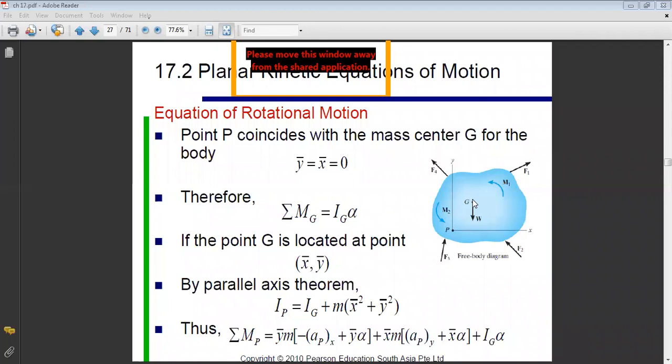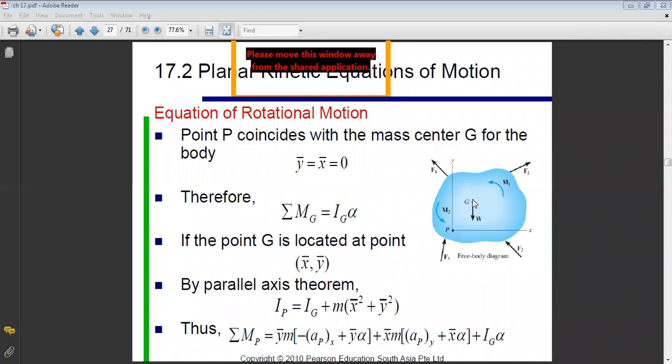This is why we went back to the previous formulation, okay? And we said that in this relation, we have sum of moments about P equals minus y bar apx plus x bar apy plus Ip alpha. And we said that we want to find another equation but involving Ig alpha, okay? If we want to involve Ig alpha, what should we do?